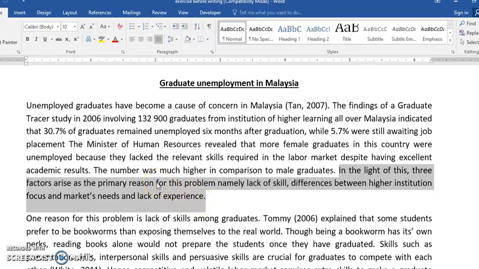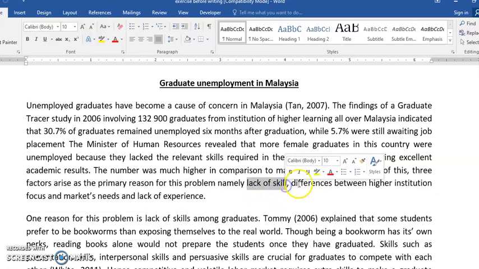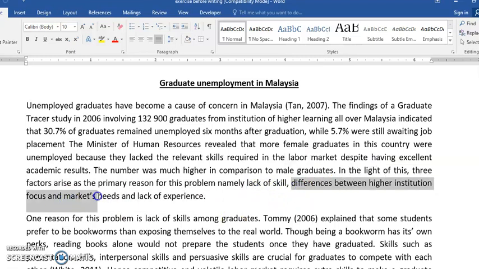By reading the thesis statement, we would understand that this whole essay will be talking about factors of this problem. What will be the problem? Graduate unemployment in Malaysia. So factors for graduate unemployment in Malaysia, how many factors are there? Three. Number 1, number 2, and number 3 over there.